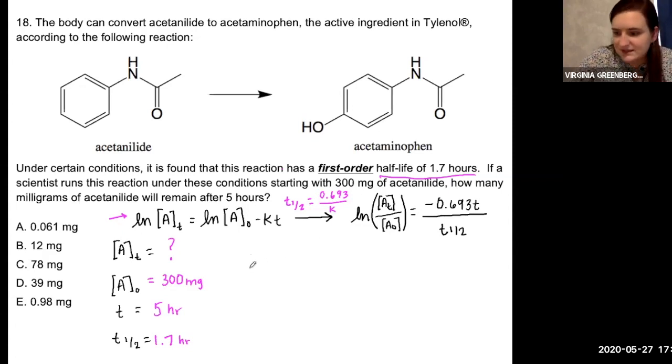And so when we set this up, what we're going to have is the natural log of what we're trying to solve for, divided by our original amount, which is 300 milligrams, equal to negative 0.693 times 5 hours, divided by our half-life, which is 1.7 hours.